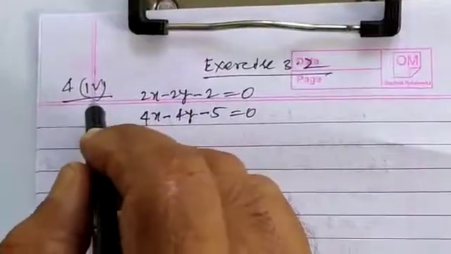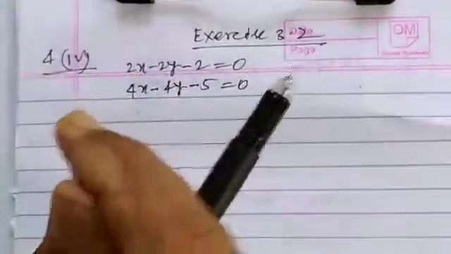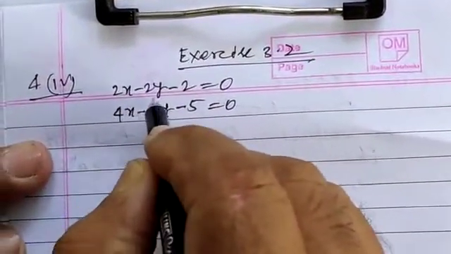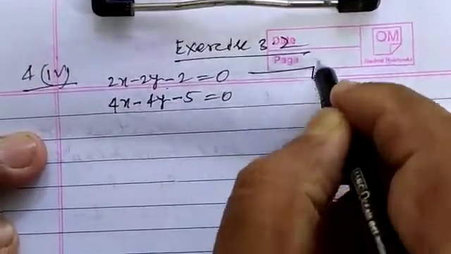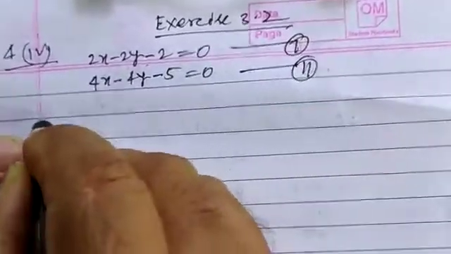So let us move to the fourth one. In question number 4, these two equations are 2x minus 2y minus 2 equals 0, equation 1, and 4x minus 4y minus 5 equals 0, equation 2.